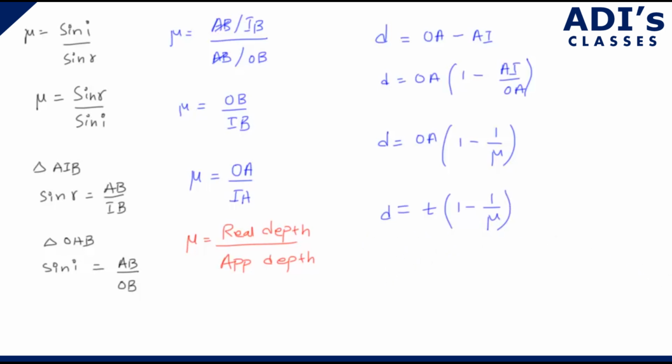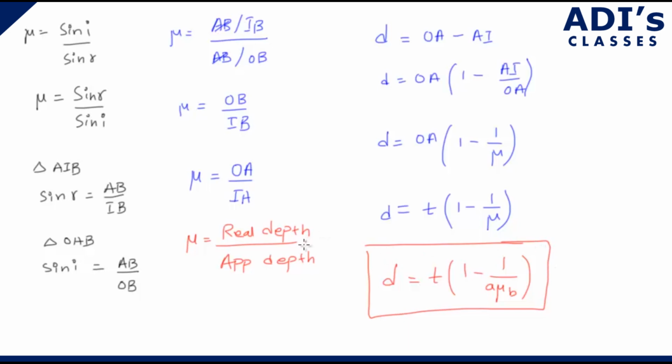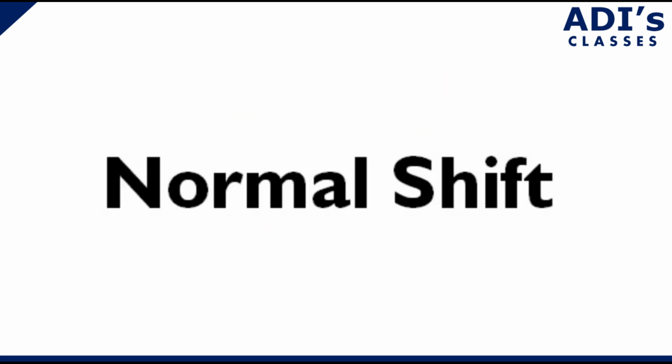One very important thing here: we are talking about a relative refractive index, so we have to write it as D is equal to T into 1 minus 1 by A mu B. This becomes the normal shift. So first we found the refractive index, and using that, we found the normal shift.